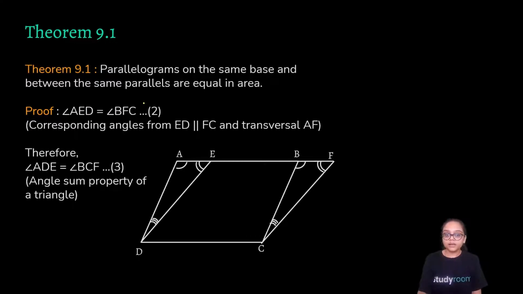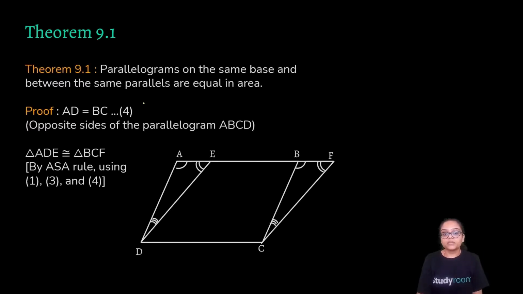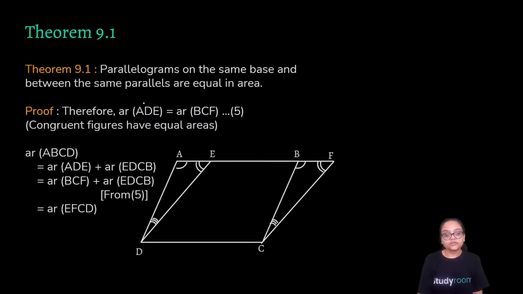How so? Because angle AED and angle BFC are equal because ED is parallel to FC and AF is the transversal. Similarly, by the angle sum property on both sides, or by ASA, both the triangles are congruent. Proved. Now, if they are congruent, then the areas would be equal, and we have arrived at the solution that both the parallelograms are of equal area.